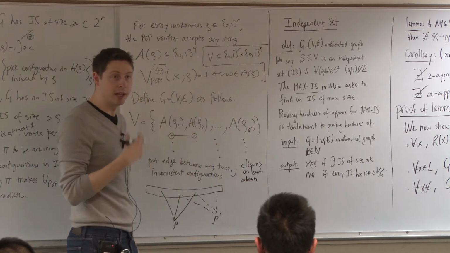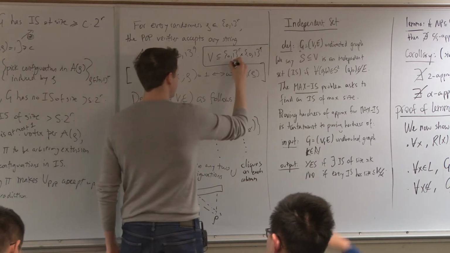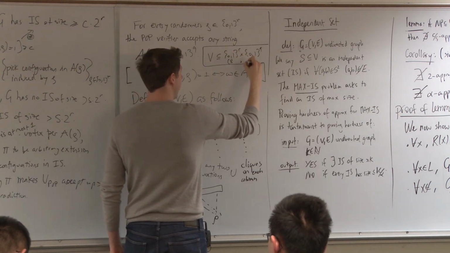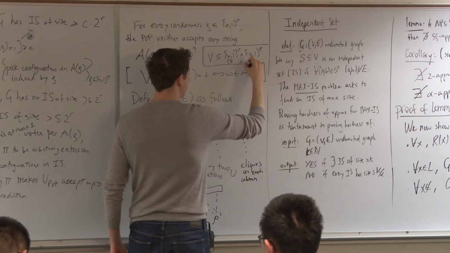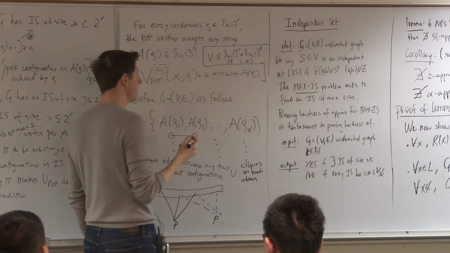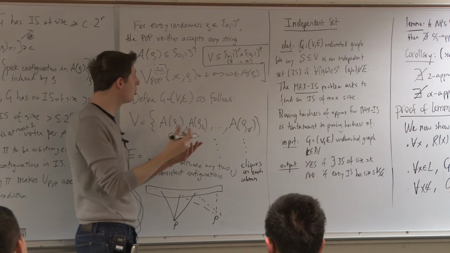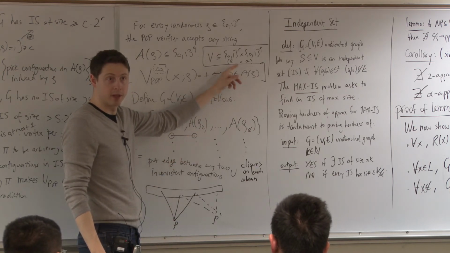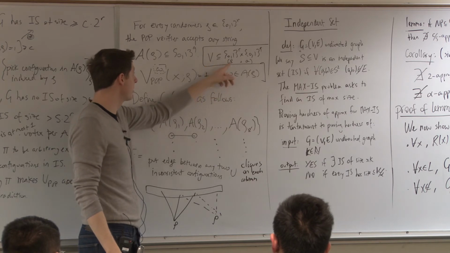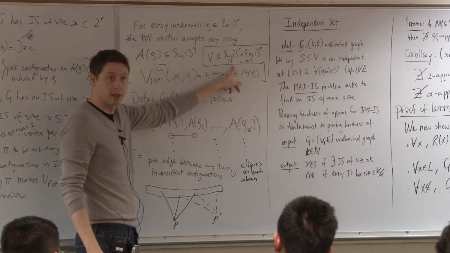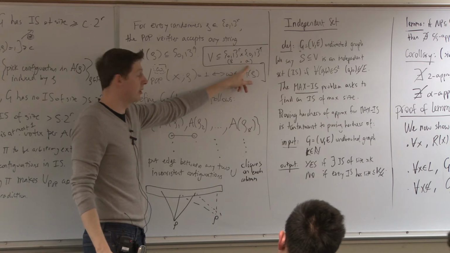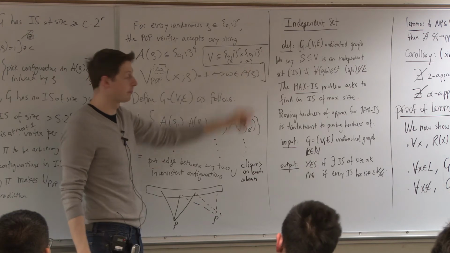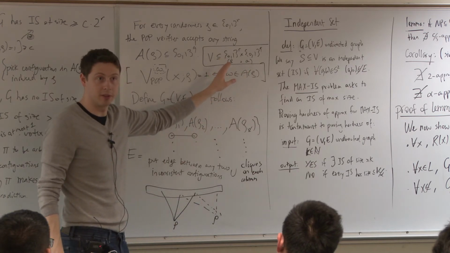You can think of the name of a vertex as corresponding to a random string rho, comma, let's say A. Those are the answers to the Q queries that the verifier made on rho. So the vertices basically say: consider all possible random strings and all possible answers you could have gotten to those Q queries. Does that answer the question on the vertices?